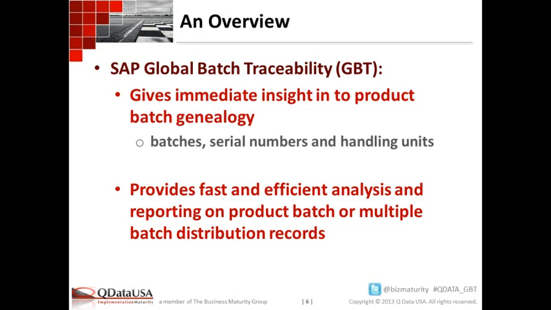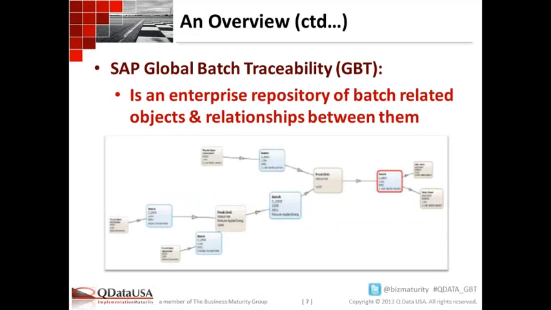And those are some regulatory compliance requirements, to understand that if a particular batch had an issue with it, and we need to recall anything that batch was used in making. So we need the distribution record from that batch and its subsequent batches up. Okay, so it's a perfect tool for that.